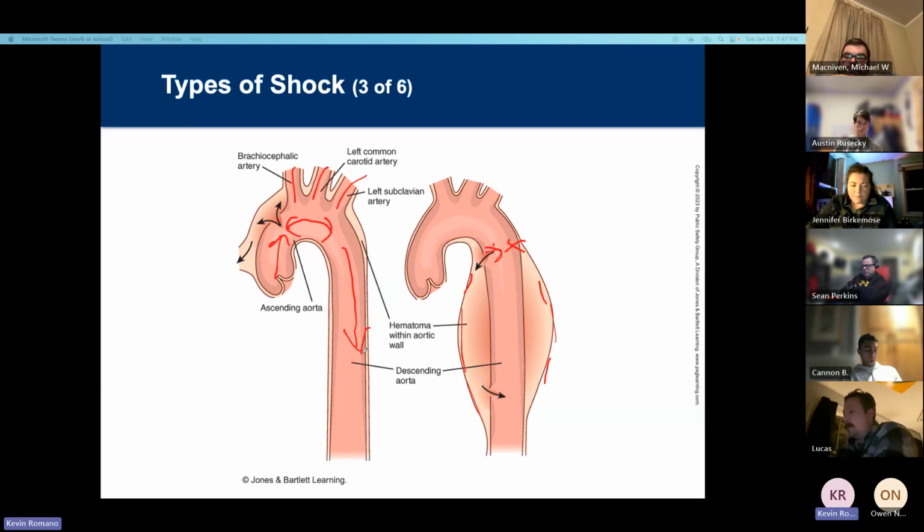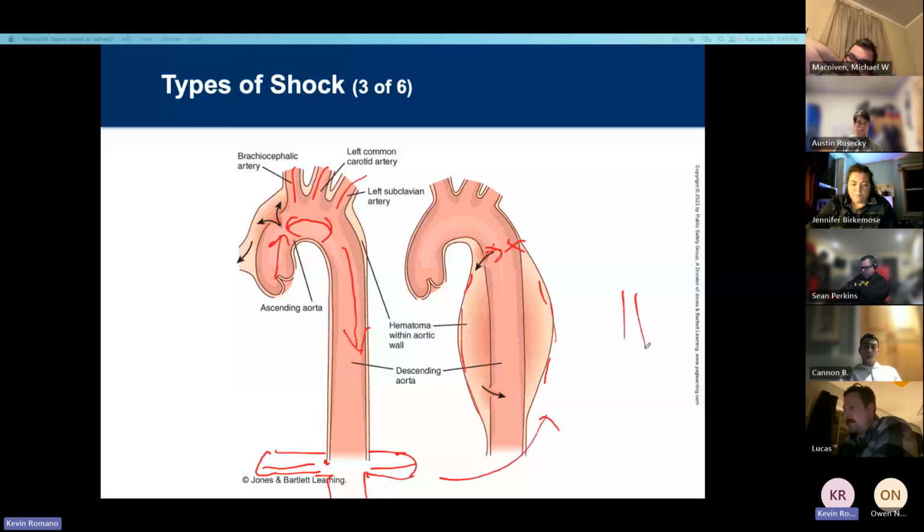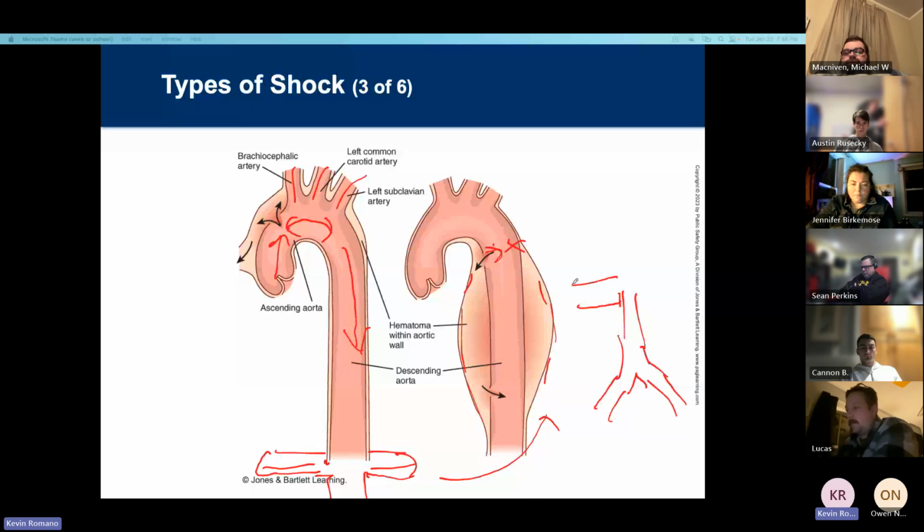As that drops down, these go to the renal arteries, and then that will continue down and branch off like this. I'll draw a picture over here really quick.